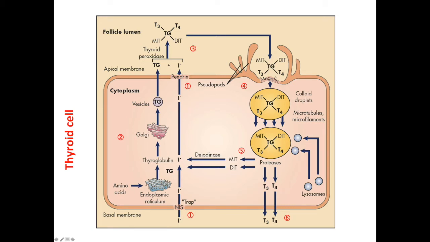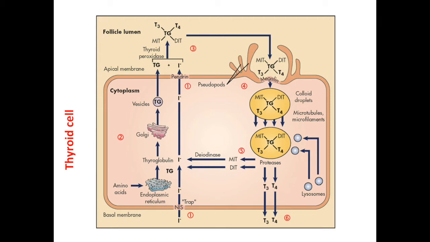At the same time, amino acids go into the endoplasmic reticulum to create thyroglobulin, which is comprised of a lot of tyrosine molecules end on end with some other amino acids involved, and then this is packaged in the Golgi and then transported into the lumen of the follicle.